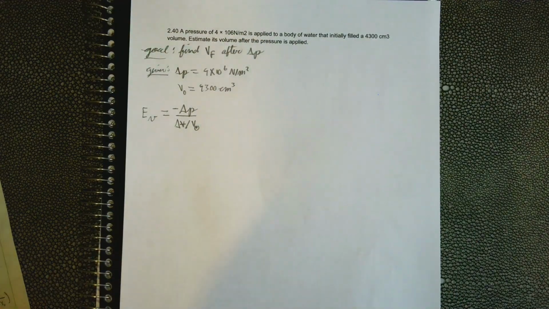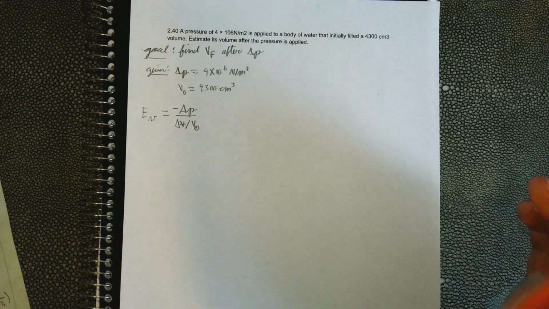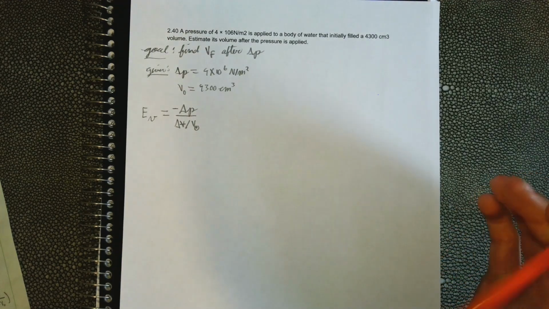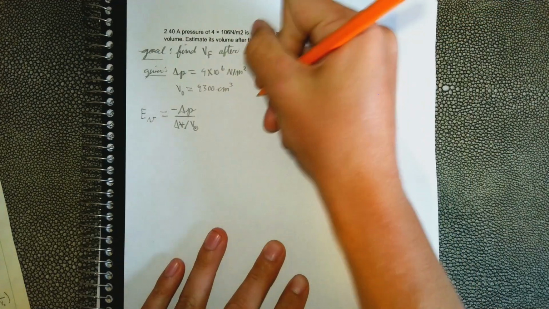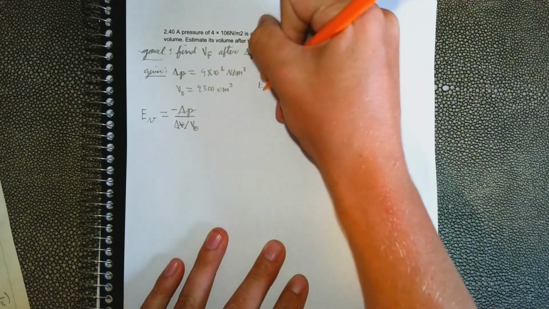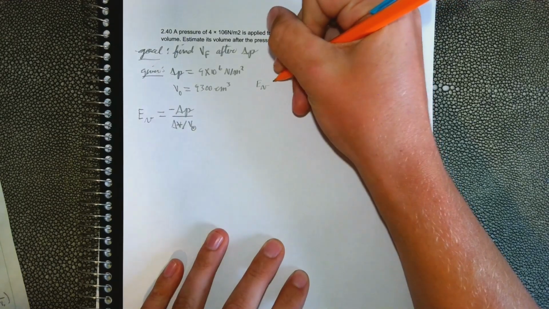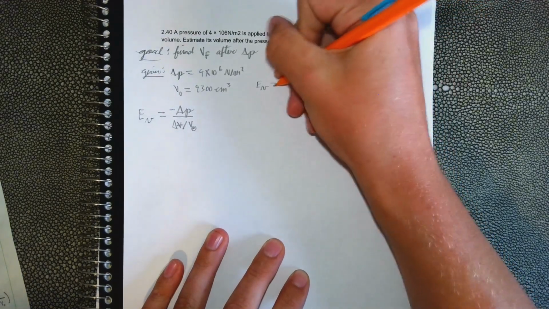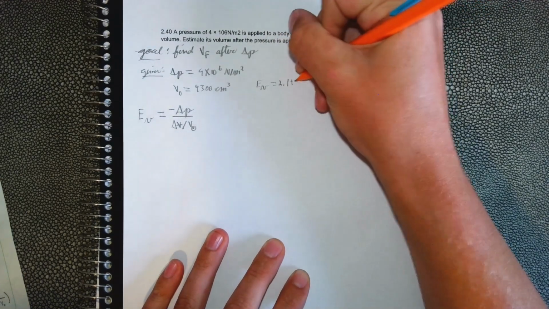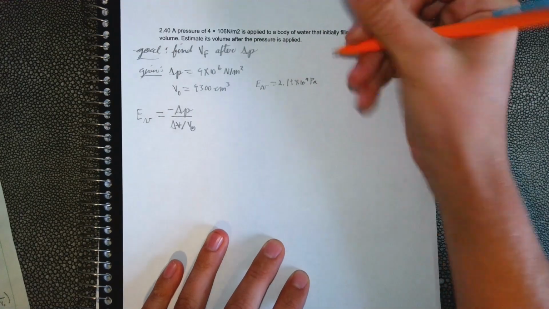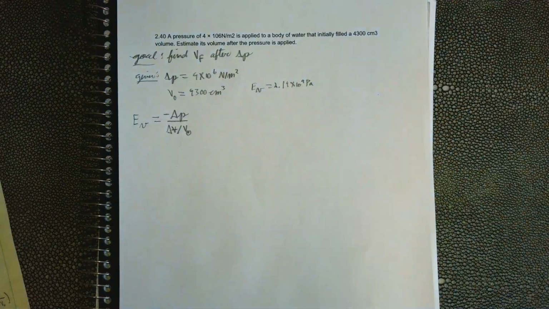The textbook also gives you the bulk modulus of elasticity of water, so we can go ahead and write that down. That's located on table F.5. And pascals, remember, that's equivalent to newtons per meter squared.